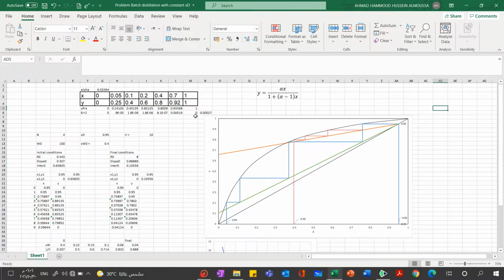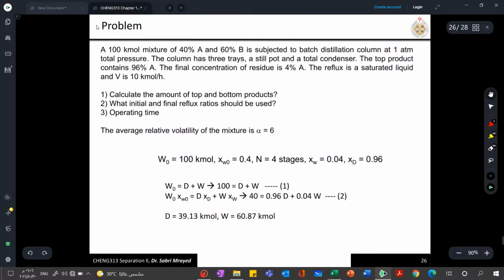First of all, the doctor gives us the Excel sheet as you see here, with the numbers, because it is for the last problem in Dr. Sabri's slides for separation, chapter 13. It says: 100 kilomole mixture of 14% A and 16% B is subjected to batch distillation column at 1 atmosphere total pressure.